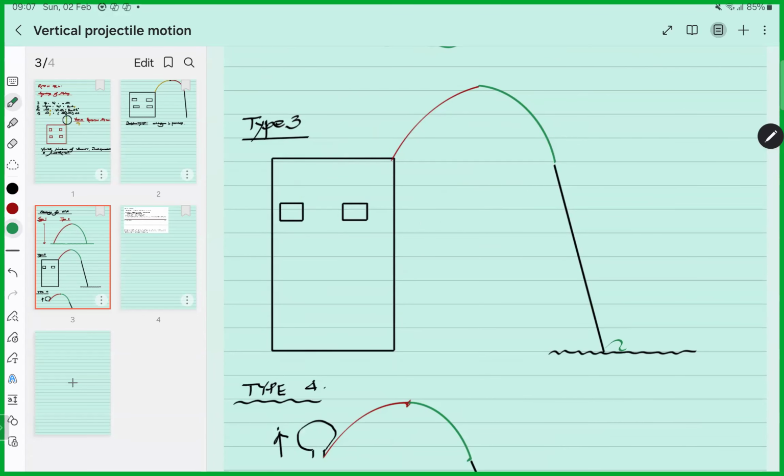So this is basically the added part that you have, which makes this now a type 5. So type 5 starts there and ends here. That's what we call a bouncing ball. Now we need to go through all these different types of questions and show you how they vary.